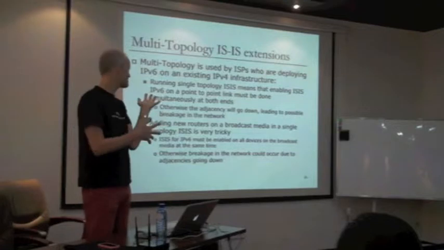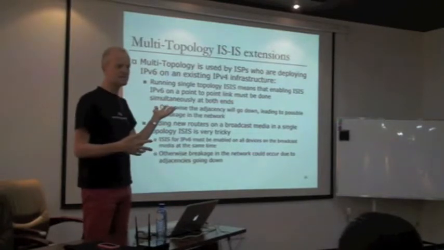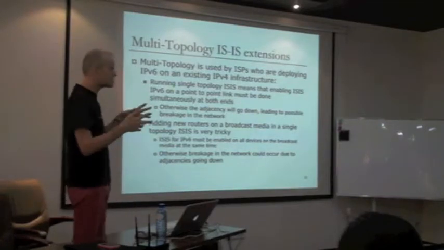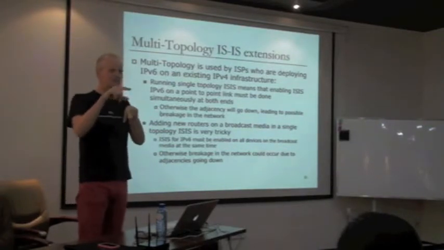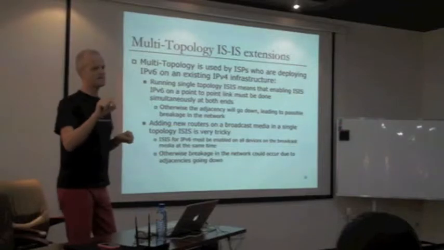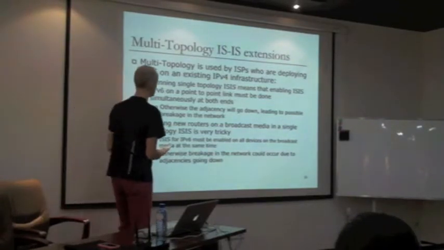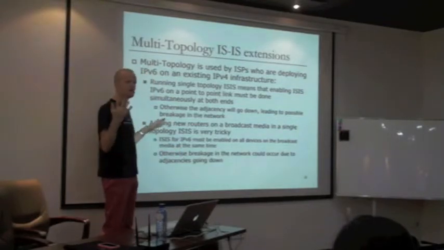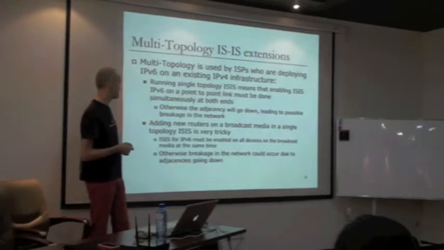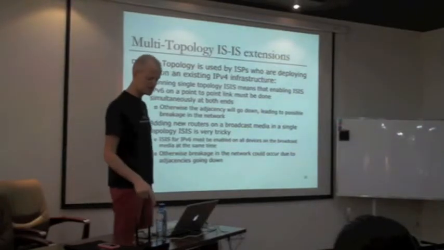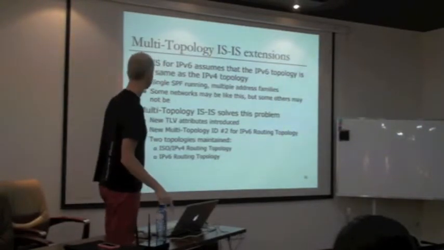So if you add a Cisco router into a v4, v6 LAN, it'll bring the whole LAN down. So you actually have to switch on the router, bring up both v4 and v6, then plug the cable in. That's not a very good situation. Multi-topology was the way of fixing this, and that way you didn't get breaks when you were introducing new routers. So as I said, we will use multi-topology here in the lab.